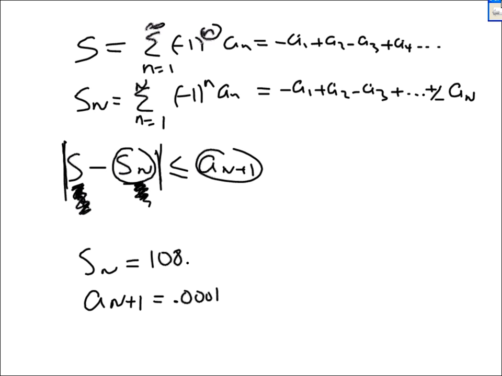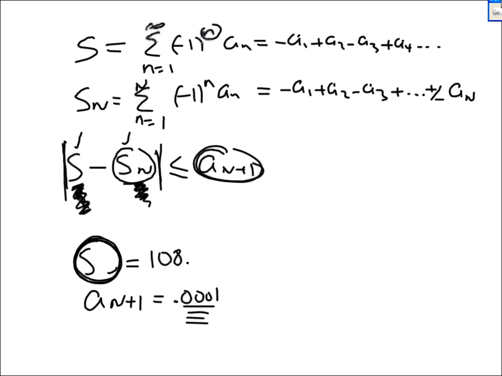I can guarantee you that the difference between the real sum and just the sum of the first N terms will be less than 0.0001. You don't have to know the real sum. You just know that it differs from S sub N, the sum of the first 50 terms maybe.